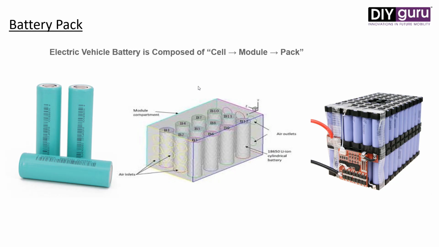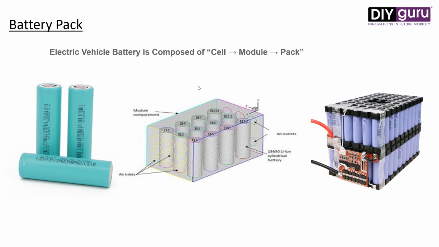One advantage that we get with the module is that if we have a cell malfunctioning in the module, instead of replacing the entire battery, we can replace that module, or it is very easy for us to identify the faulty cells. So larger batteries are normally broken into modules, and then those modules are again combined to form a battery pack.